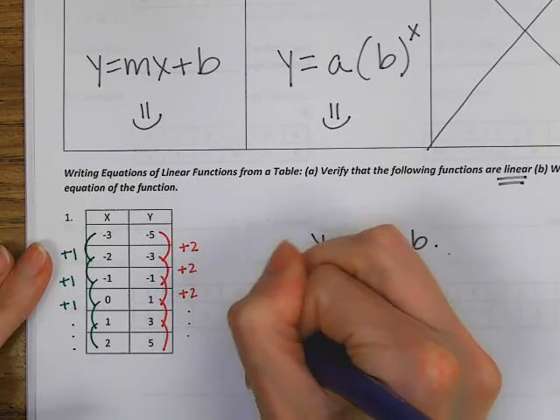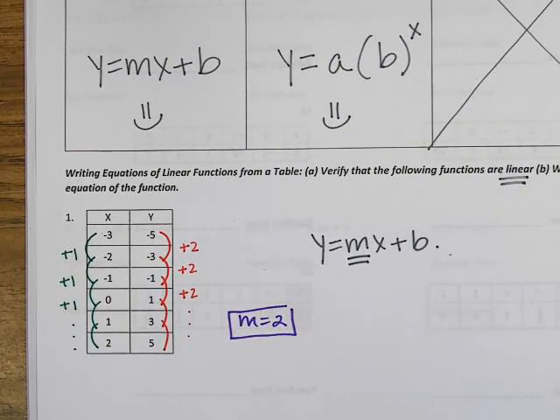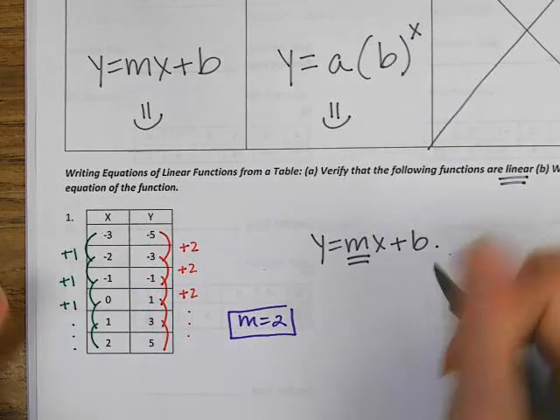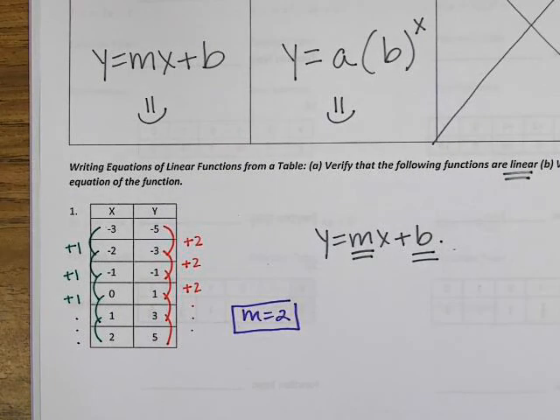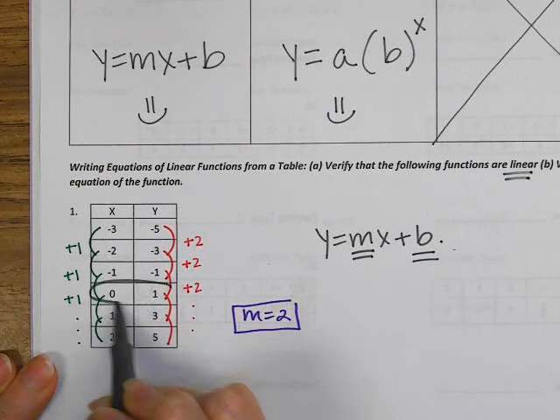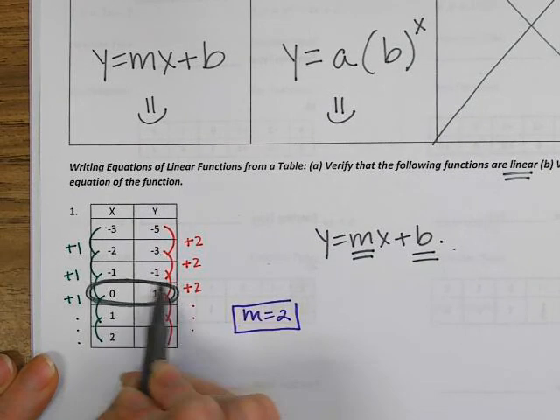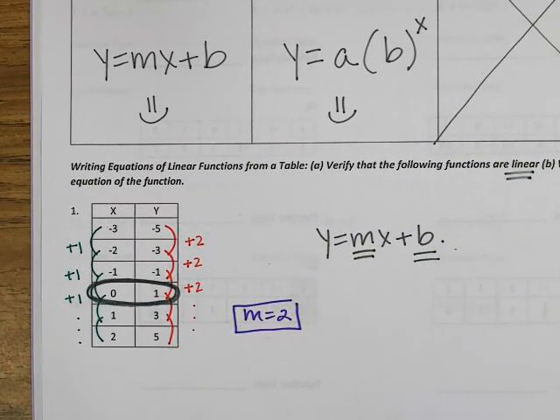Just off to the side, I'm going to write slope is 2. And then b is the y-intercept, and the y-intercept is when x is 0. So if you go down and find x equals 0, the y value is the y-intercept b. So it looks like our y-intercept is 1.